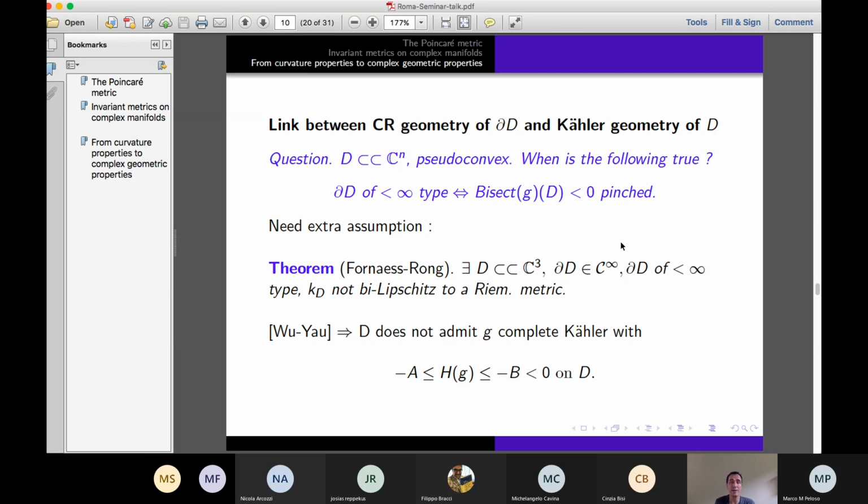But here, in their example, it's not bi-Lipschitz to any Riemannian metric. So you see, you are forced to add some conditions to hope to get an equivalence in the previous question.